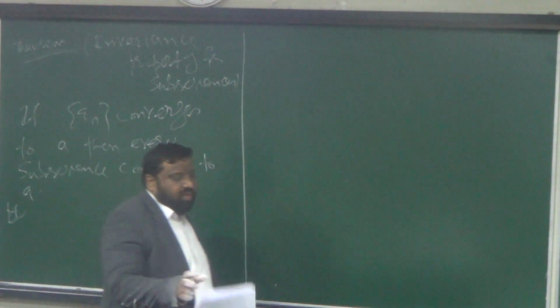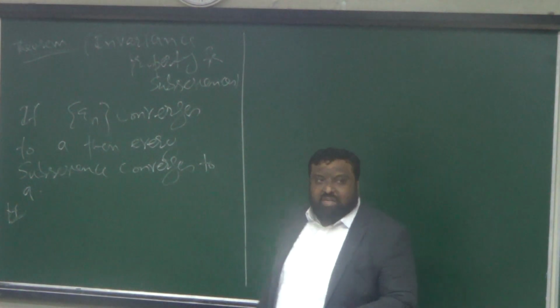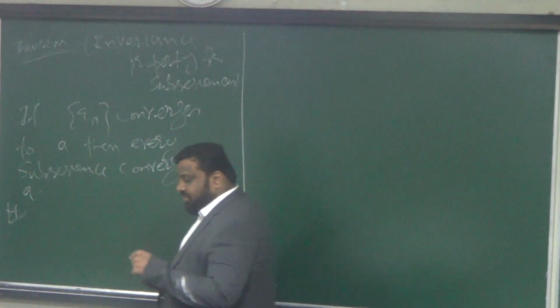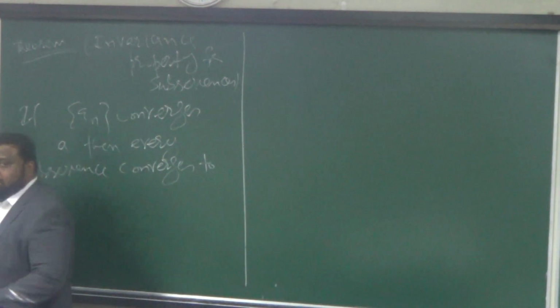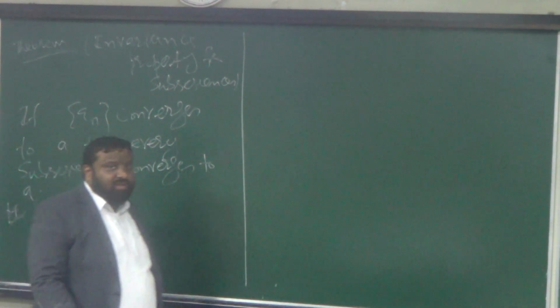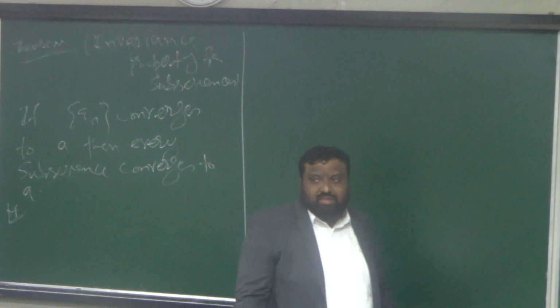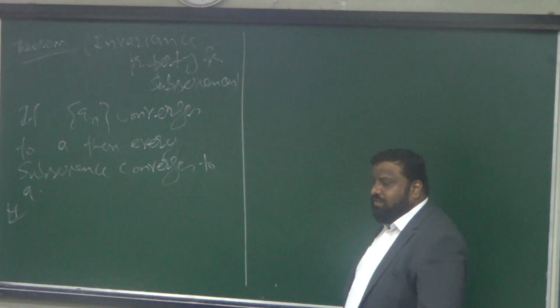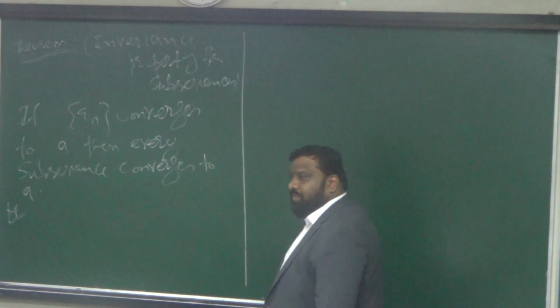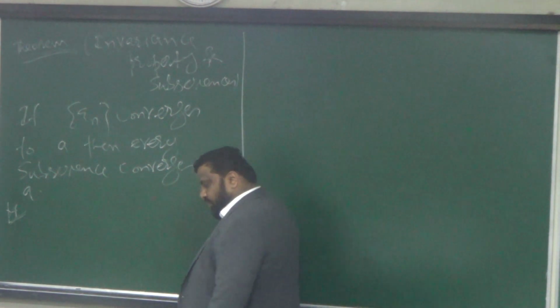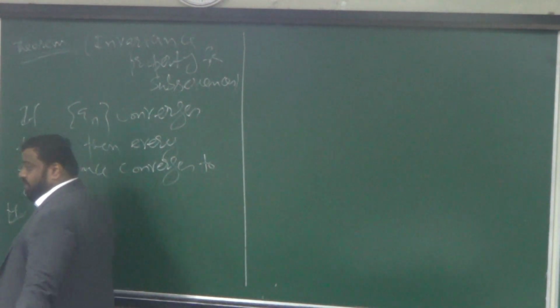Now, before getting further, I would like you to think about the contrapositive of this. What would be the contrapositive of this, and will that be useful? If the subsequence does not converge to A, then the sequence also doesn't.